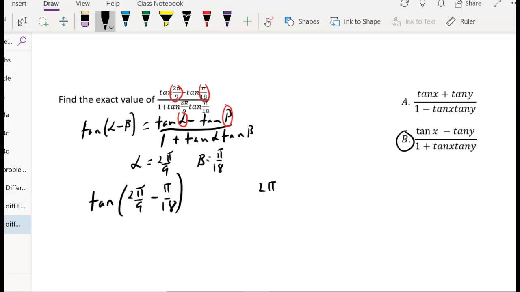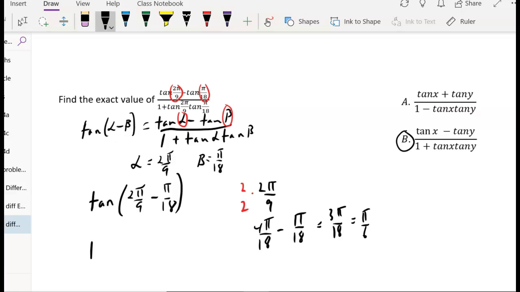So 2 pi over 9 times 2 over 2 will give me 4 pi over 18, and I'm subtracting 1 pi over 18. Just gave away the answer. Subtracting 1 pi over 18, and I get 3 pi over 18, which is pi over 6.